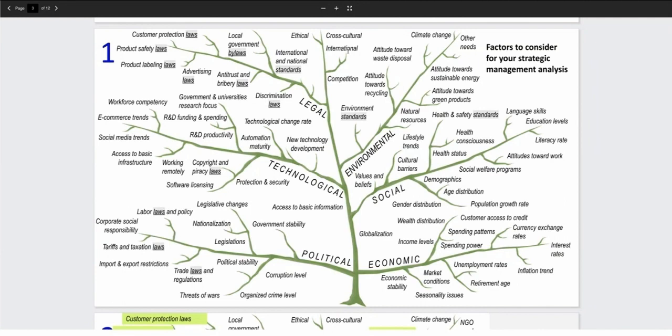By using this mind map, we look into a much more detailed picture of all of those six PESTEL factors that may affect our business. Once we have depicted several of these factors, we go to the next step in the PESTEL analysis.